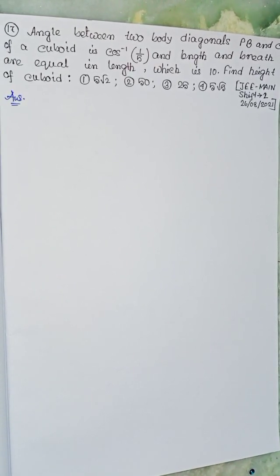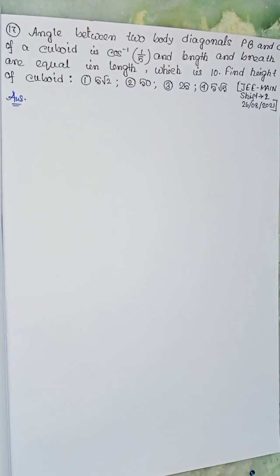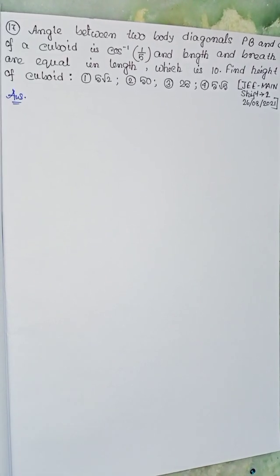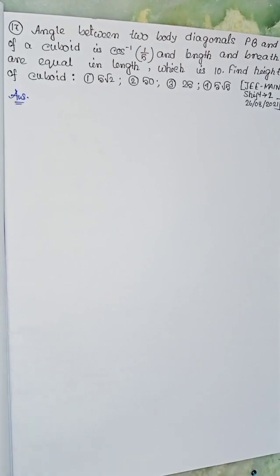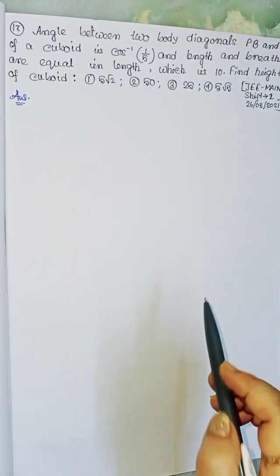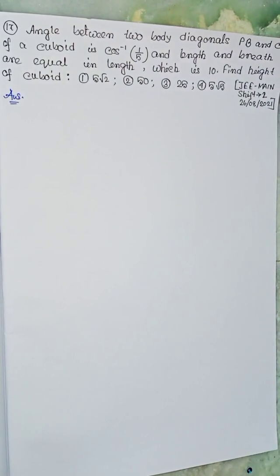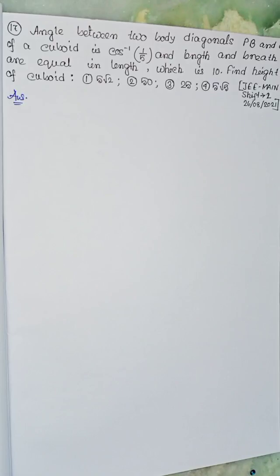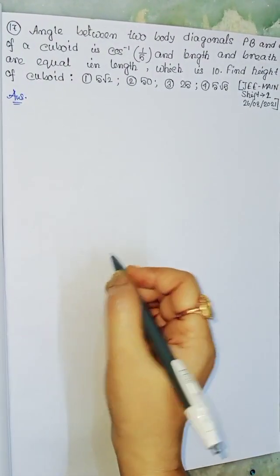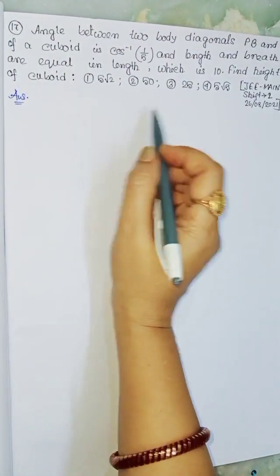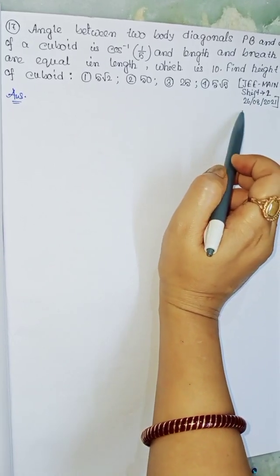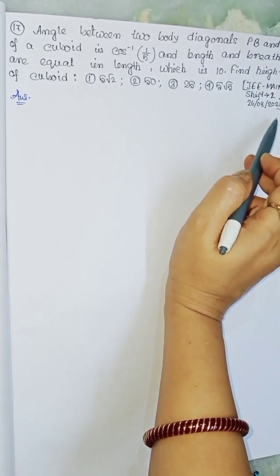This is a question in the area of trigonometry and also vector, where we calculate the angle of the body diagonals of a cuboid. This is the JEE Main Shift 2 question, 26th of August 2021.